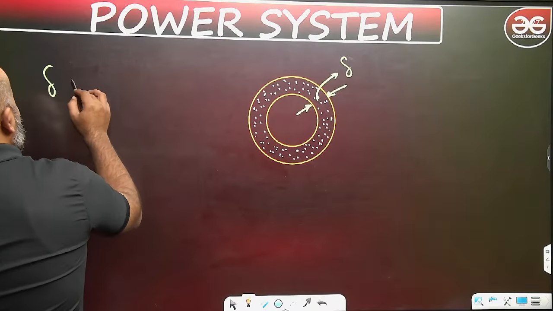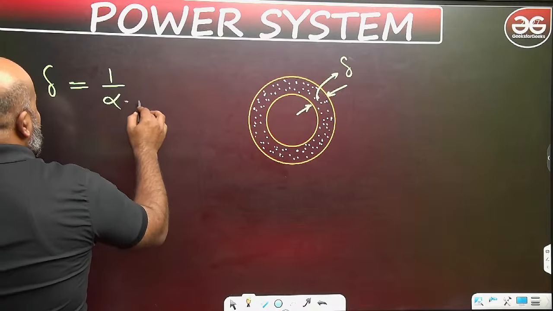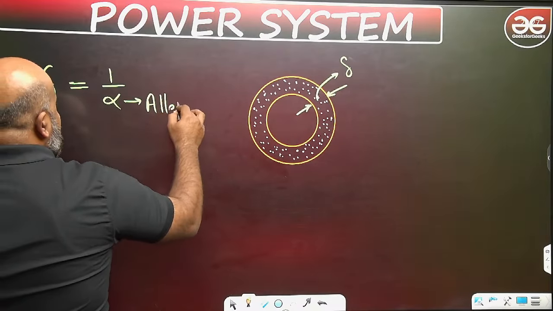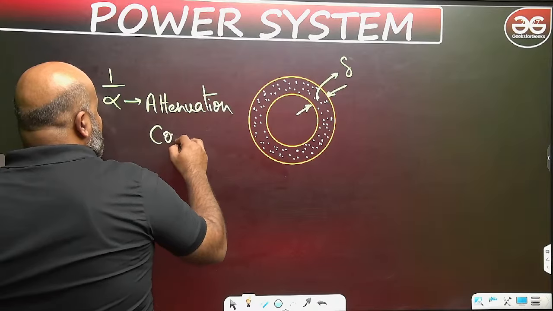And this del is equal to 1 upon alpha, where alpha, we'll discuss later on, is the attenuation constant.